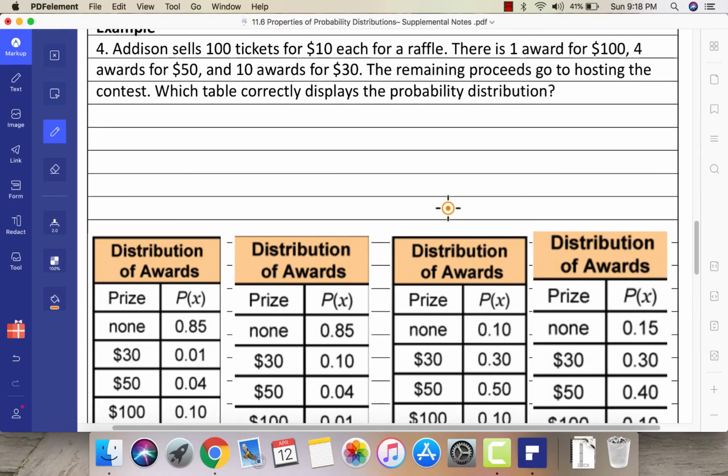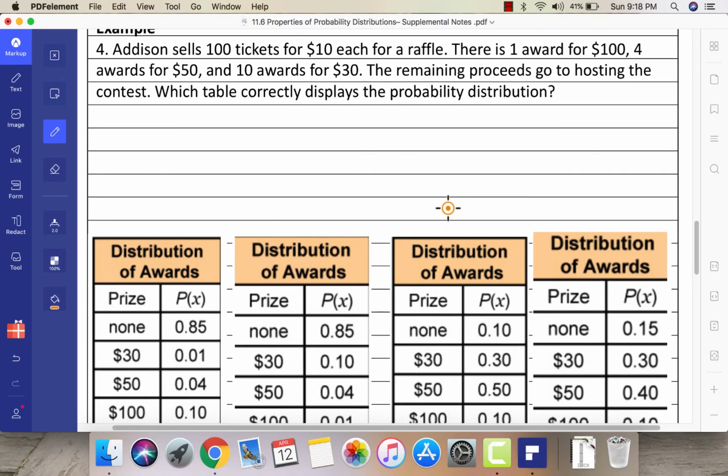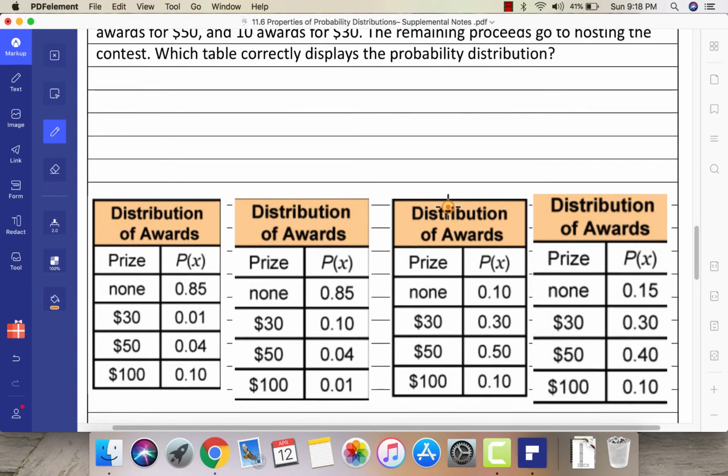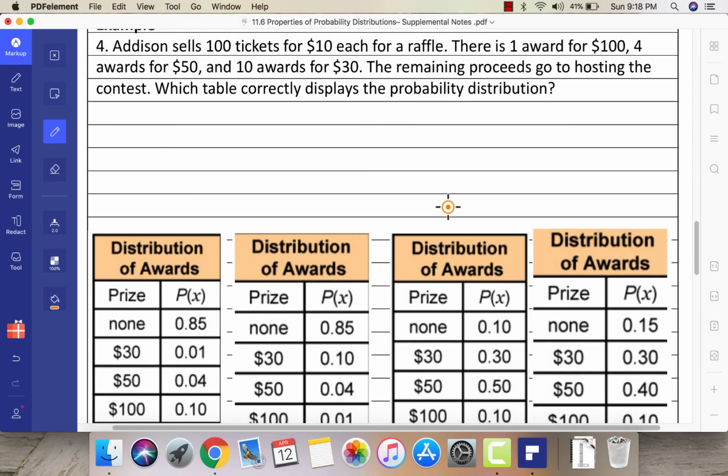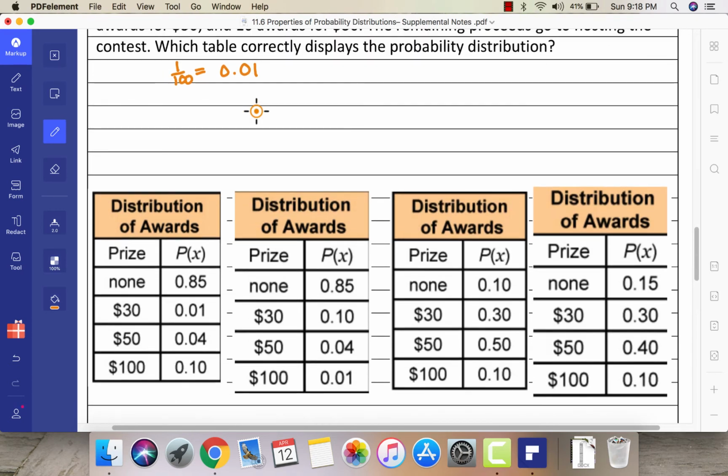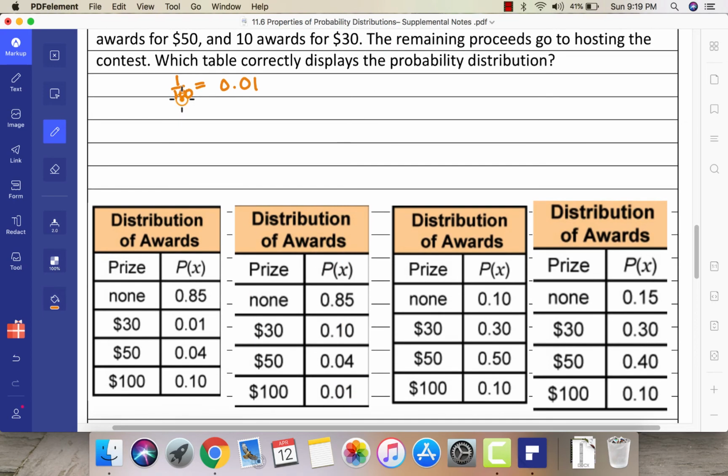Which table correctly displays the probability distribution? Okay, so only 1 out of 100 people will receive the $100. That would be a 0.01 likelihood of getting it. Okay, so far, the only one that looks like it could be is this one, but let's just make sure the rest of our data makes sense.